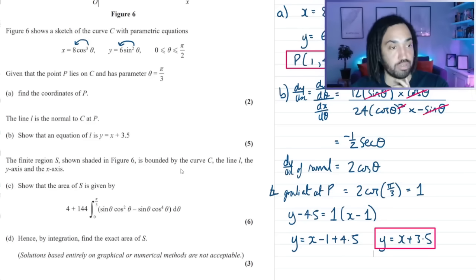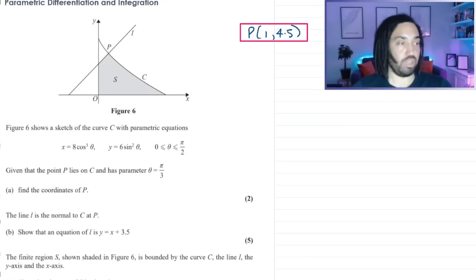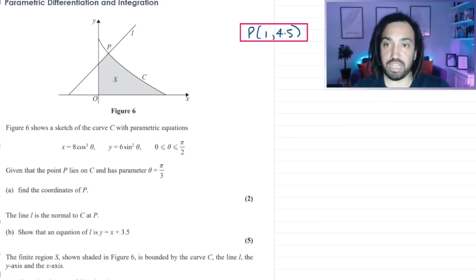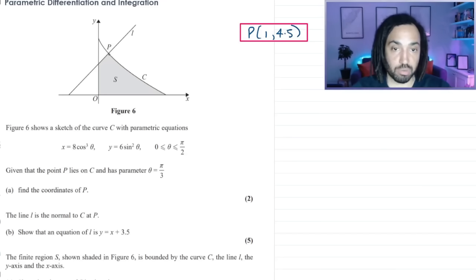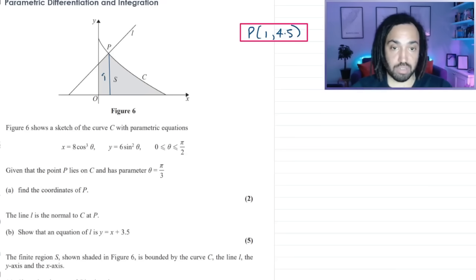Okay, so now we are asked to work out the region. So we need to work out the area of this region. Now what we're going to do is split it into a shape and also a section which is underneath the curve. Okay, so this shape here, let's call that region 1, that is a trapezium.